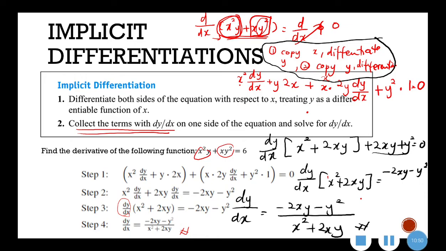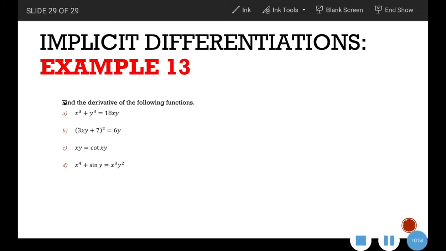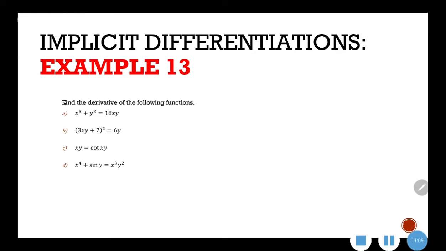Okay, so now let's look at a few examples here. So now we have example A: x cube plus y cube equal to 18xy.